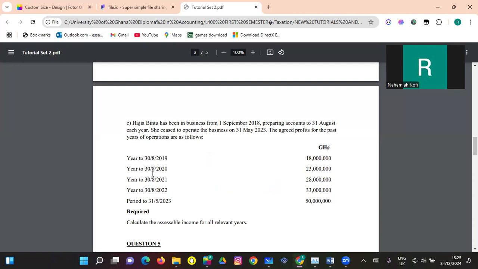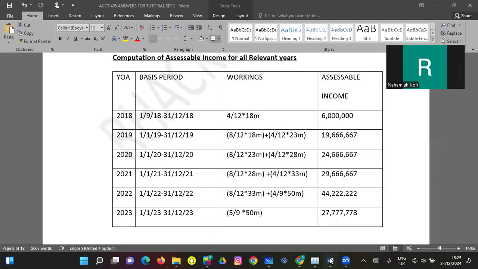So the next one, for the year 2020, we will now be having from 1st September to 31st December, which is 4 months in there. So that's basically it here. In the year 2020, the basis period is from 1st January to 31st December, right? 2020.